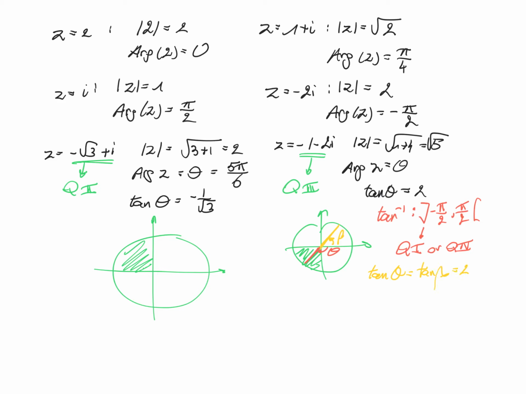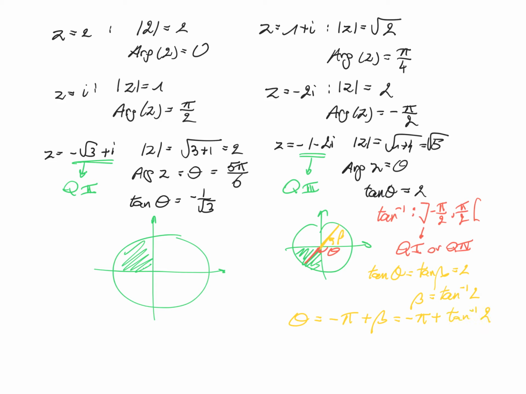But we can define beta as being the inverse tangent of 2. So this one is known because it is between minus pi over 2 and pi over 2. If we then look at the relation between theta and beta, we see that theta is just minus pi plus beta. So it is minus pi plus tan minus 1 of 2.